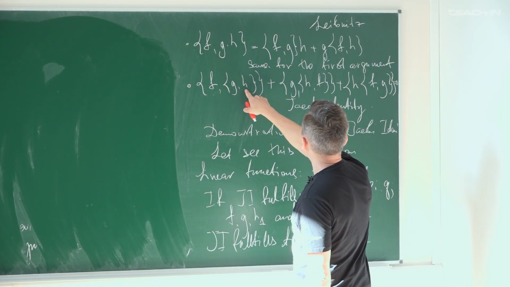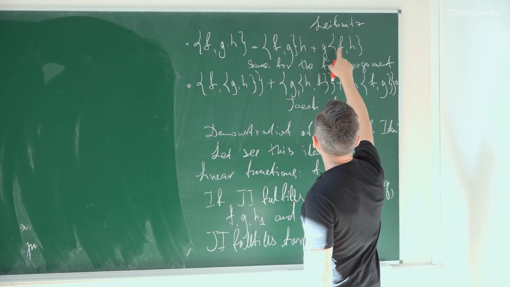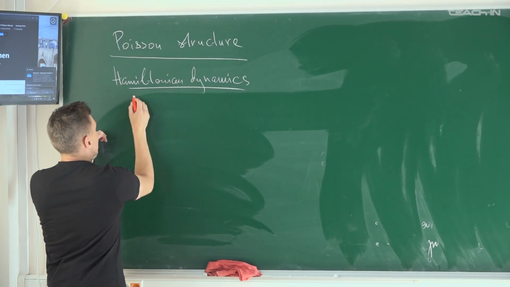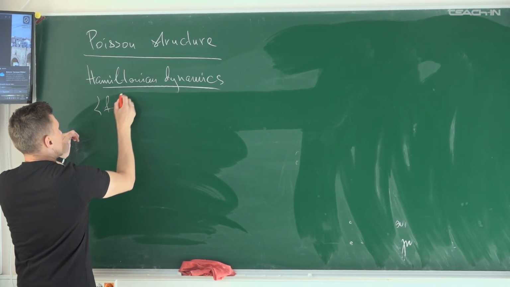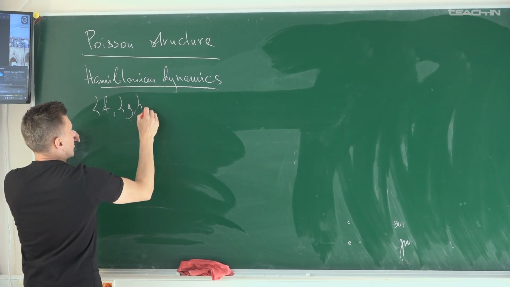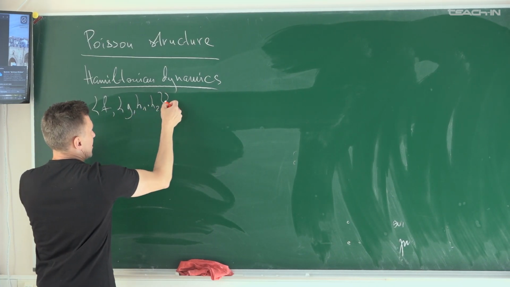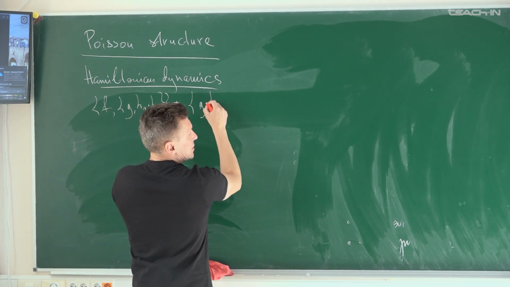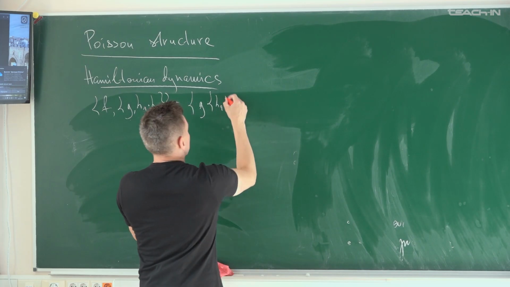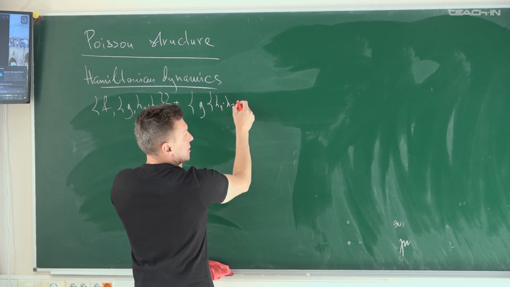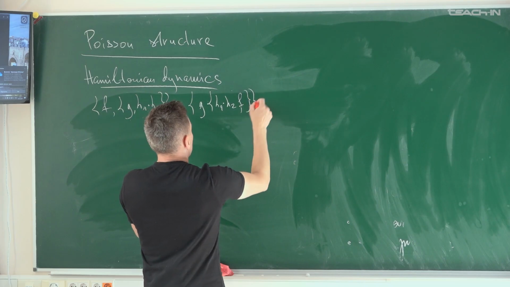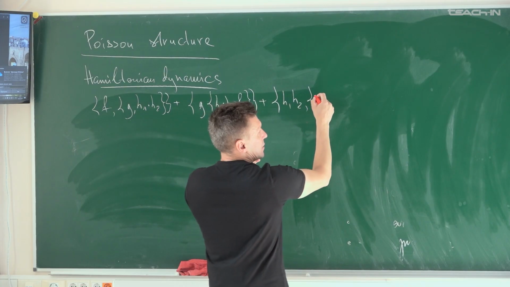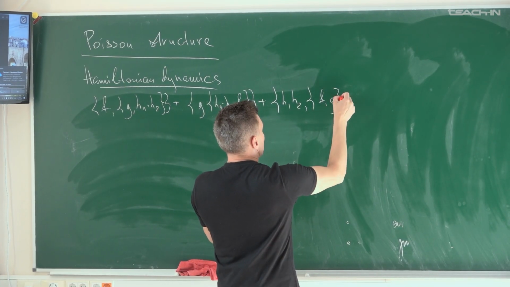substituting here the product of h and expanding it, it's better to write it down. So {f,{g,h1h2}} plus {g,{h1h2,f}} plus {h1h2,{f,g}}.